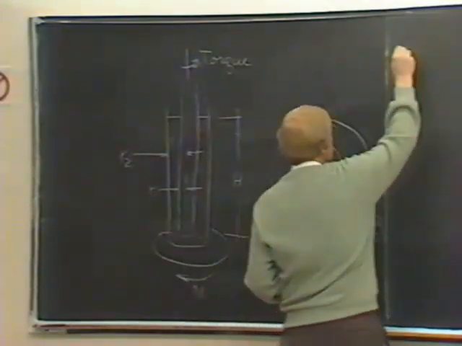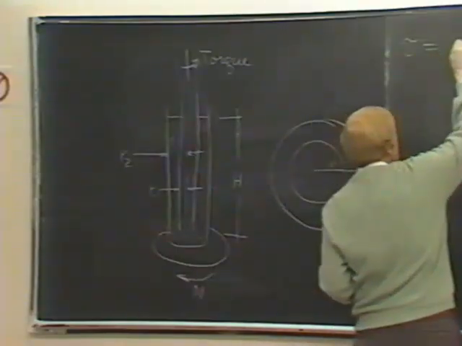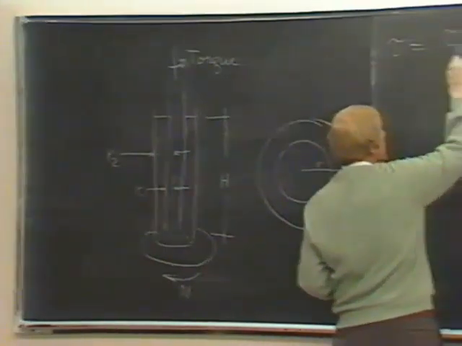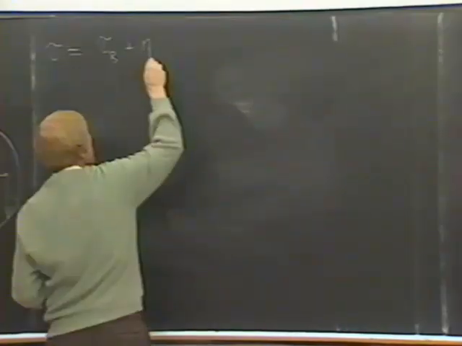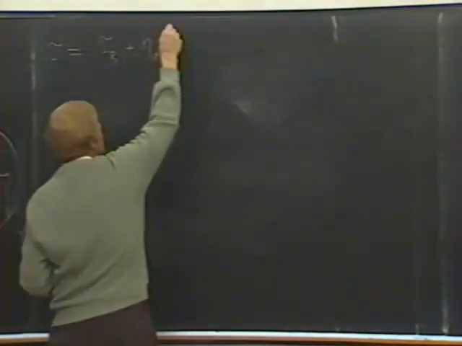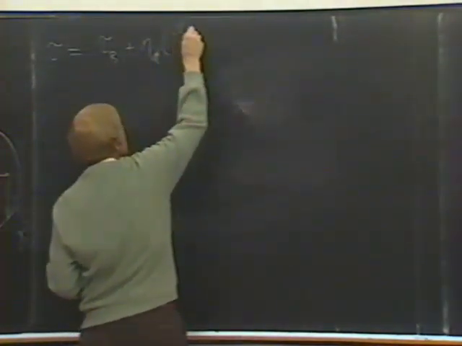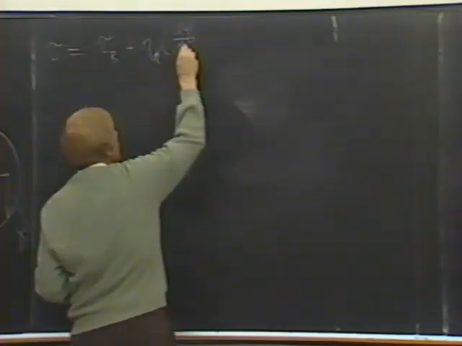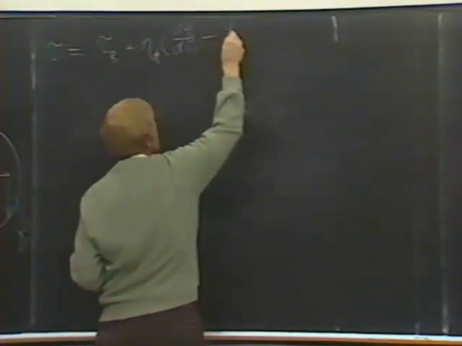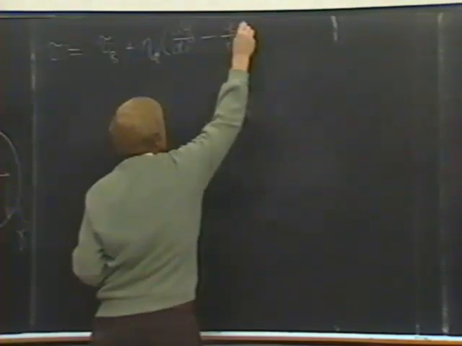We can write Bingham's relationship: tau is equal to tau b plus eta sub d times dq/dr minus q over r, where this takes out the fact that it's rotating and lets us look at it like a still picture. So for Bingham's relation, we now have this one.